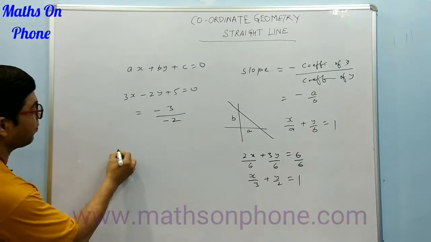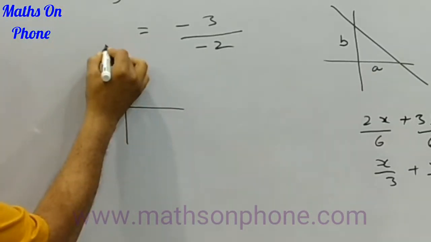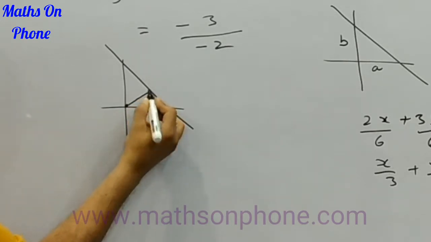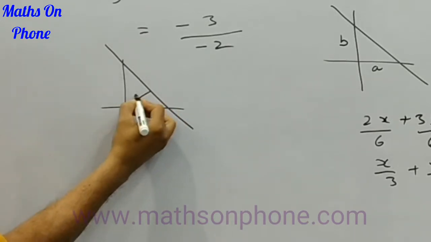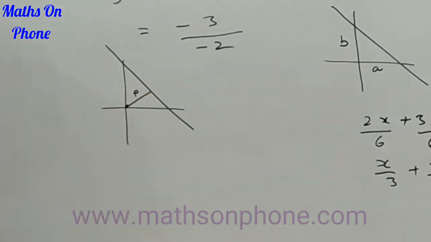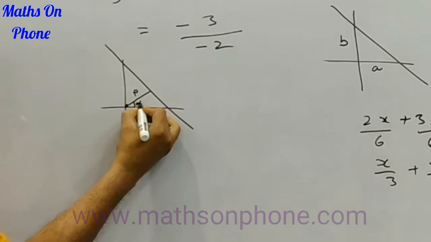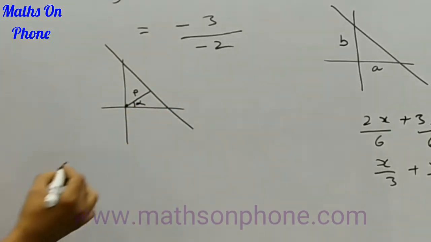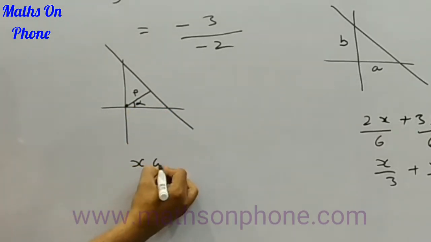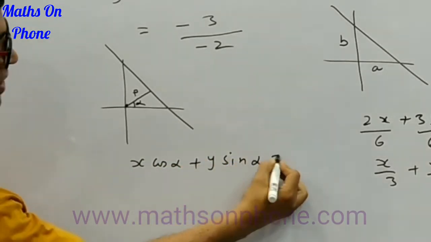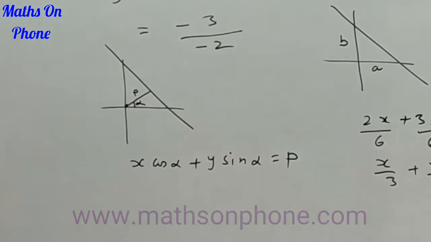Another form you just see, if a line is in such a way that length of perpendicular from the origin to a line is of length p and it is making an angle alpha with x-axis, then the line is x cos alpha plus y sin alpha is equal to p.